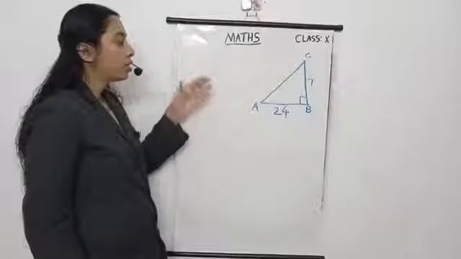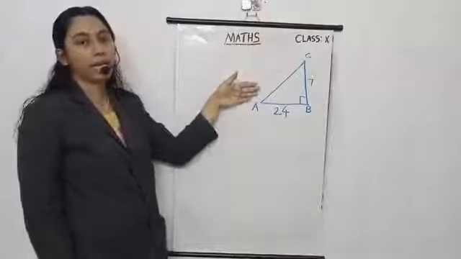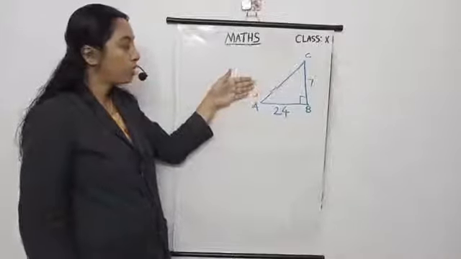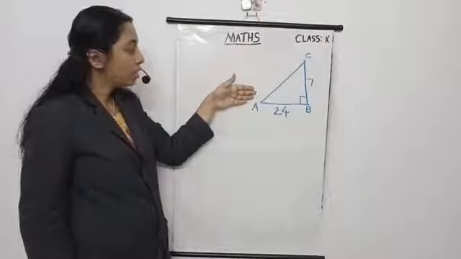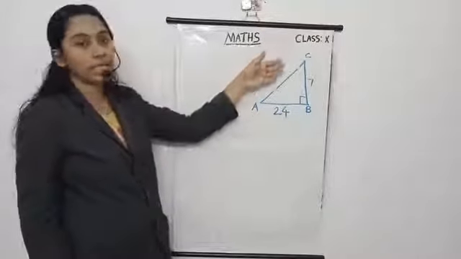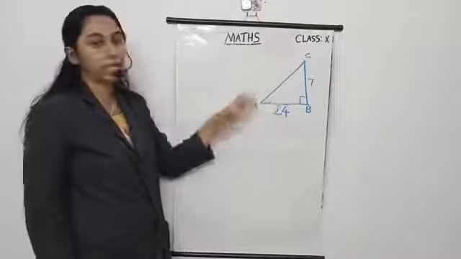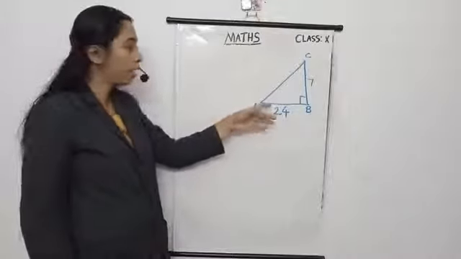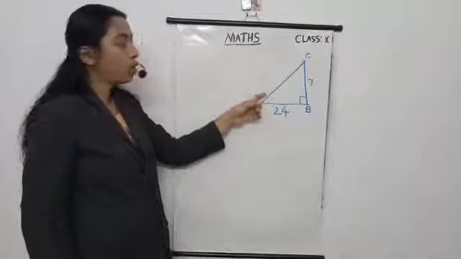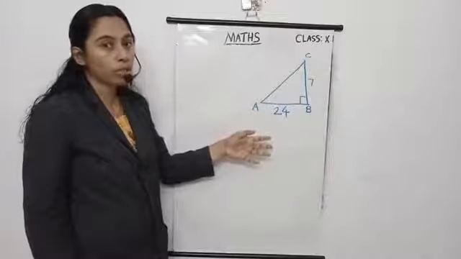Here we don't know AC. So first we need to find the length of AC, then we find the sine, cos, etc. Which theorem do we use here? Pythagoras theorem.